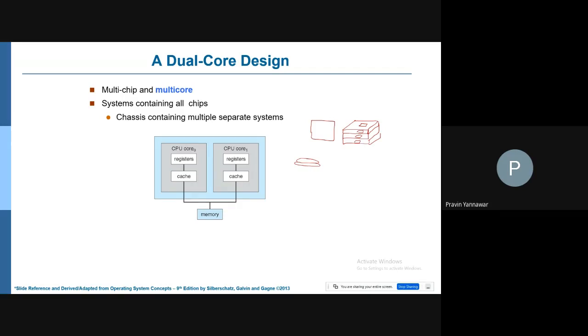For all these cores, this is the zeroth core, this is one, two, three, and with each you have a cache: one cache, two cache, three cache. They all connect to only one primary memory. You need to understand this. This is the dual core design.